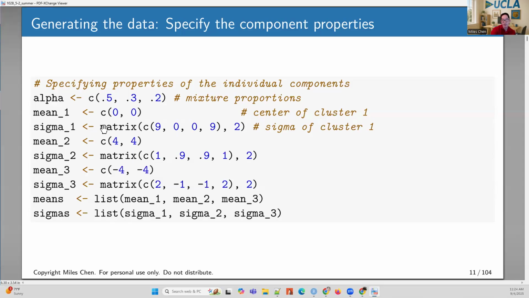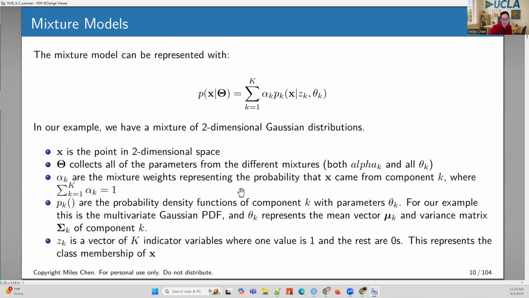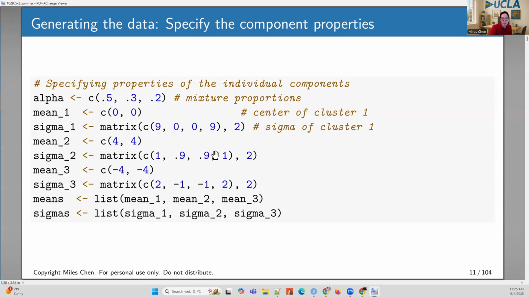And then I have the matrices for each of the components. 9, 0, 0, 9 is this one. The next one is 1, 0.9, 0.9, 1, and then the third matrix there. And then I'm going to gather them all together into a list of the means and a list of the sigmas.